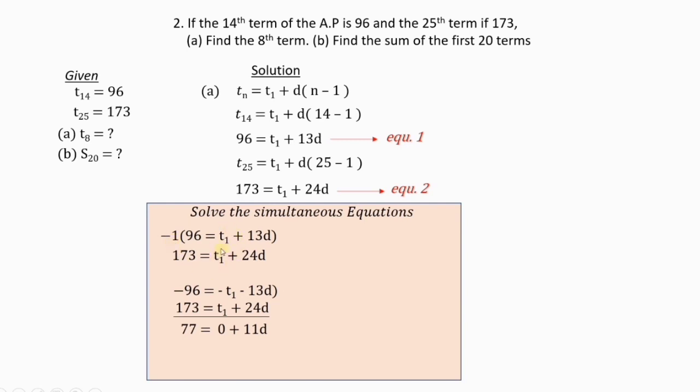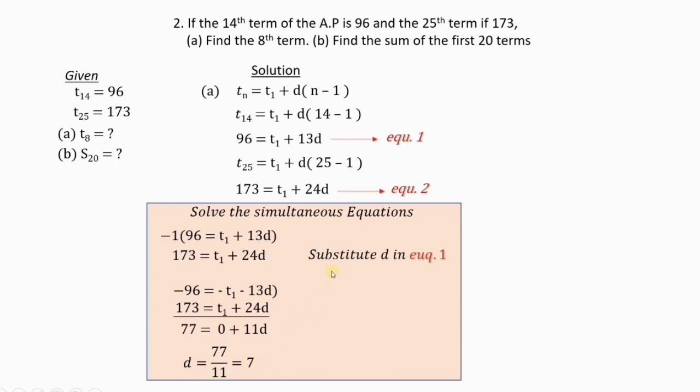The reason is we have T1 in both equations with a coefficient of 1. So in order to eliminate one of them, you multiply one of the equations by minus 1. Then one of the terms is eliminated, like we can see here. Minus T1 plus T1 is 0. So you have 77 divided by 11 is D.